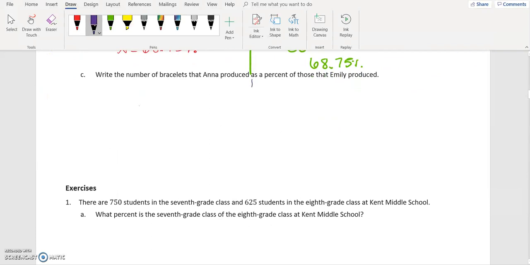Go on to our next one. Write the number of bracelets that Anna produced as a percent of those that Emily produced. So we still have our same numbers there, but this time it says Anna of Emily. So Anna's going to be our part this time, and Emily is going to be our whole, which means this is going to be over 100%.